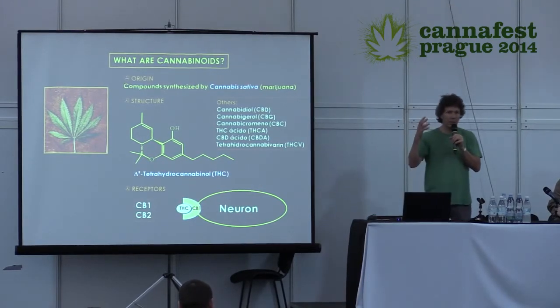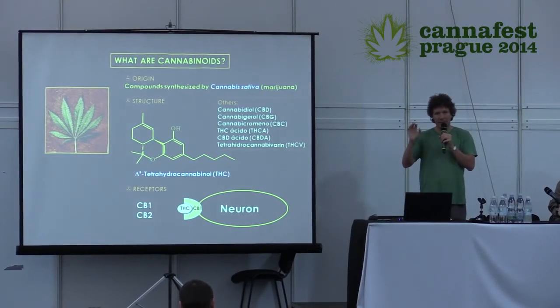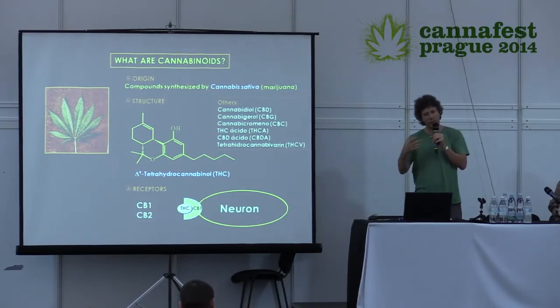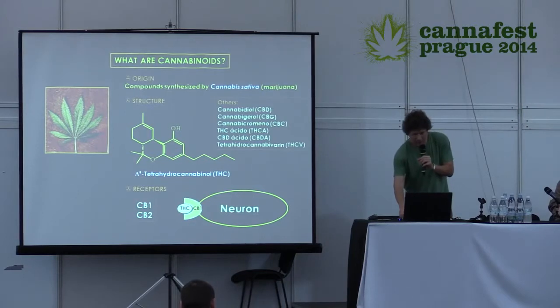So there are parts in our brain, parts in our body that can be sensitive to cannabinoids because they have receptors, and some other parts of our brain that do not have receptors and therefore cannot respond to cannabis.